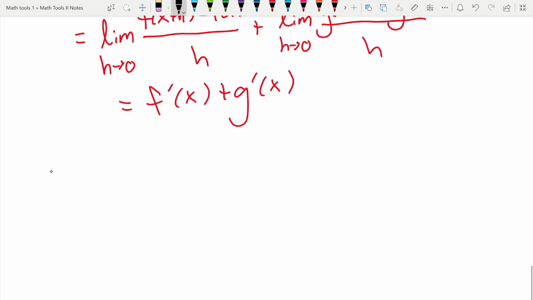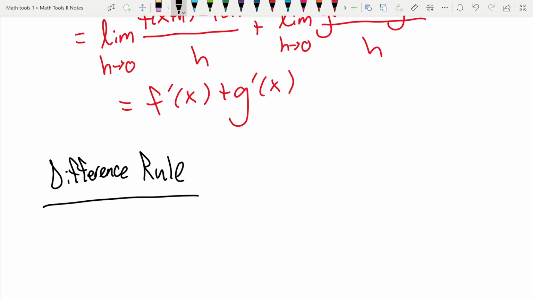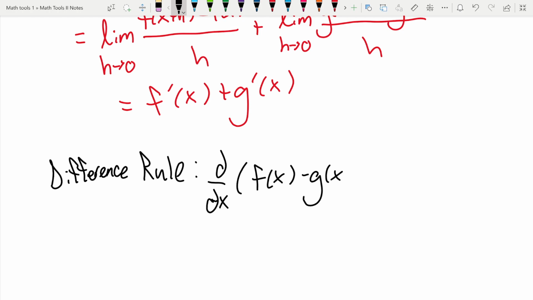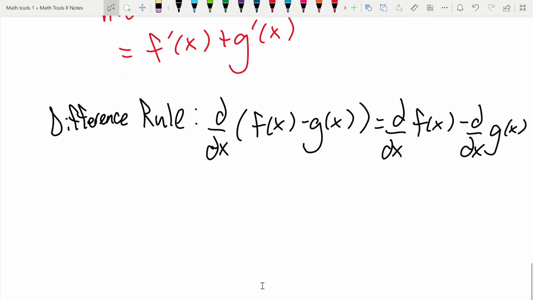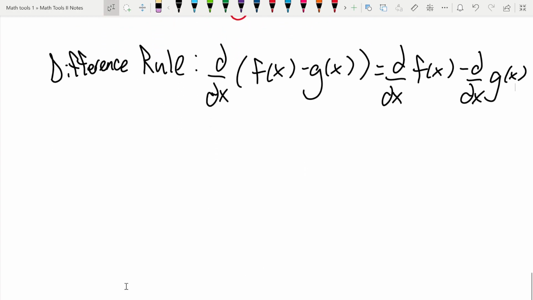So the difference rule, okay, difference rule, or let me put it to the side here, is that the derivative of the differences, f of x minus g of x, is equal to the difference of the derivatives. Okay. So we can break up that derivative over subtraction.